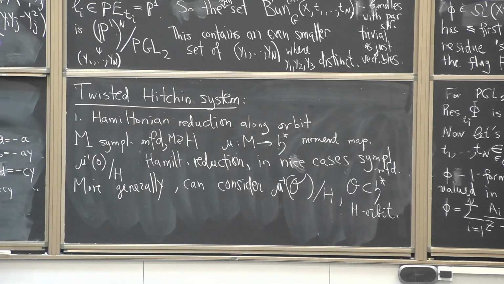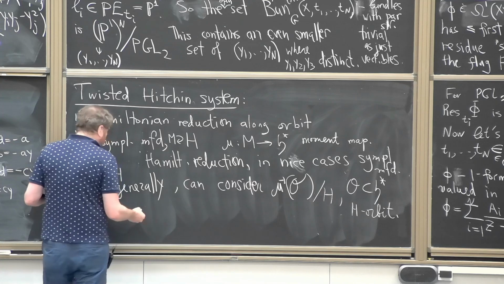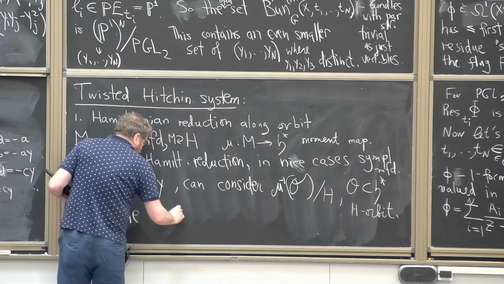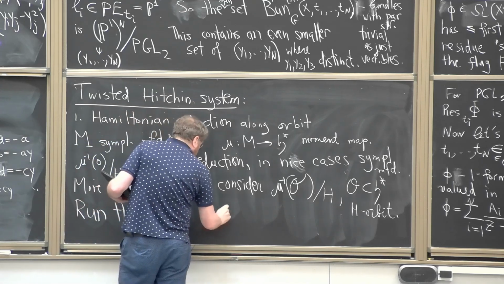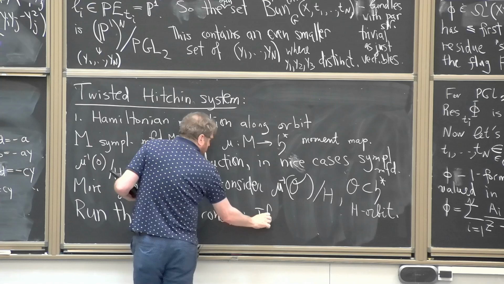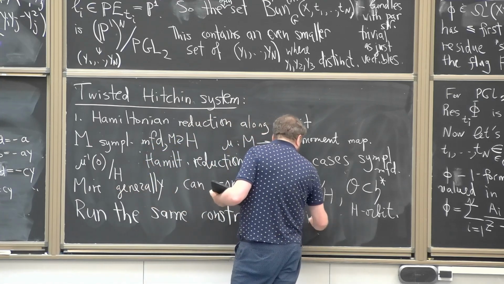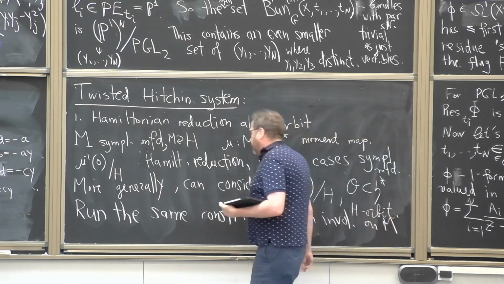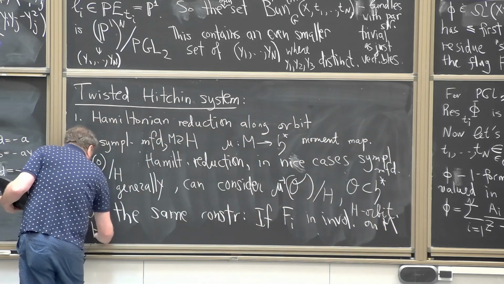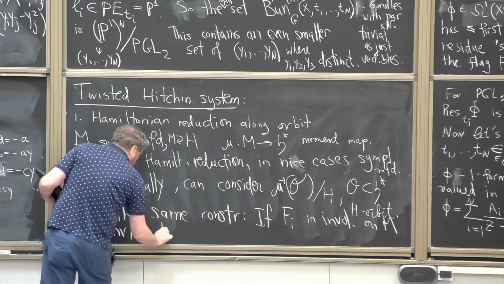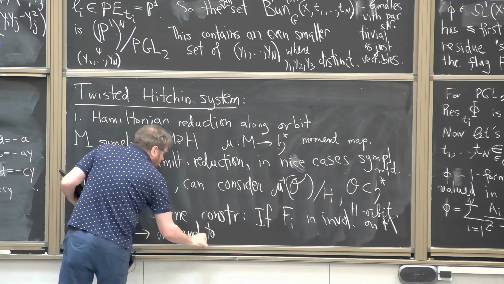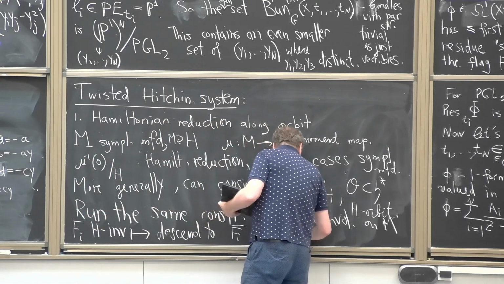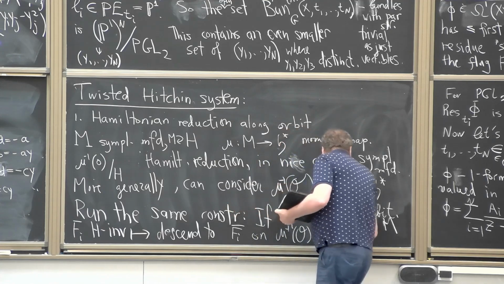And so we can run the same story. We can run the same construction with integrable systems. So if you have some functions f_i in involution on M, and f_i are H invariant, then they descend to functions f_i bar on this reduction, mu inverse of O over H, which are also in involution.